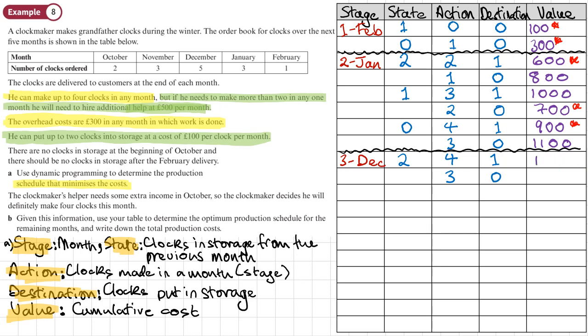And then we'll work through this option here, 2 in storage, £200. Plus I'm making 3, so overheads and additional help, so 300 plus 500. And then from here, at state of 0, find the lowest cost there, plus 900.